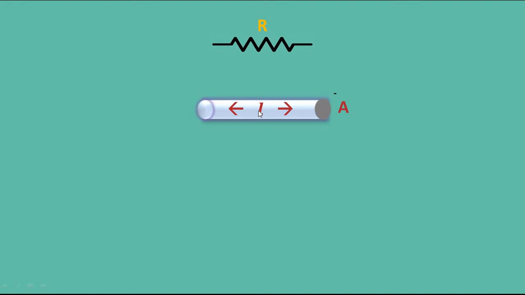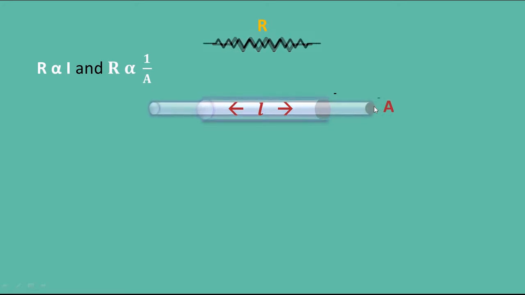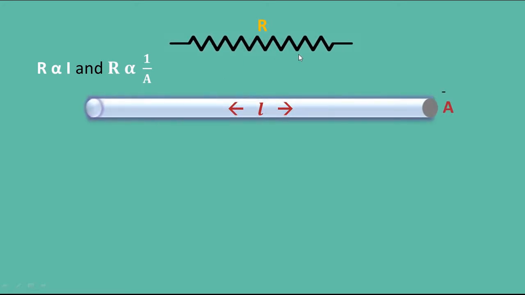A conductor of resistance R having a length L and cross-sectional area A. Resistance R is directly proportional to length L. That is, R is directly proportional to L and R is inversely proportional to cross-sectional area A. As the length of the conductor increases, the resistance of the conductor also increases.